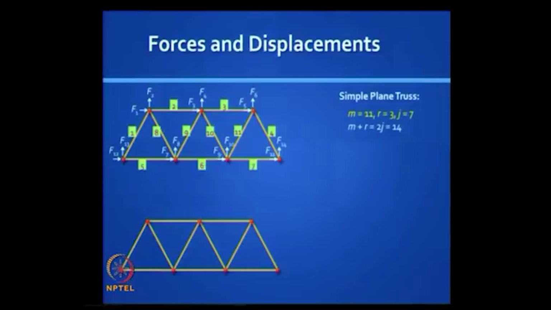If you treat this as a simply supported system, at the extreme left support you have a vertical reaction and a horizontal reaction. Those are labeled F12 and F13, and at the right side you have F14 acting upward or downward. Is it clear? So these arrows show joint forces.